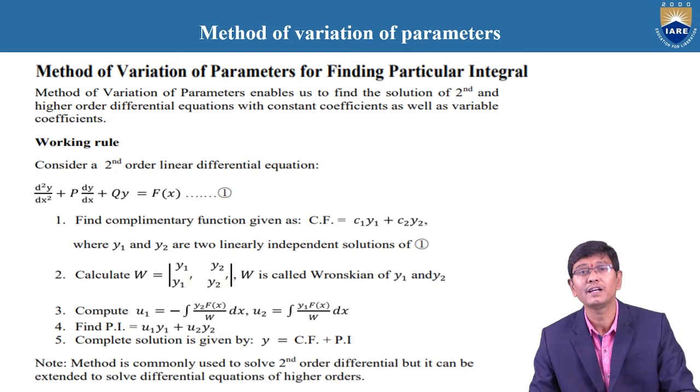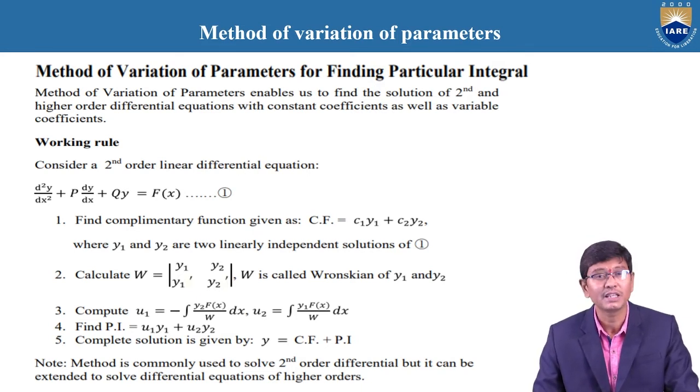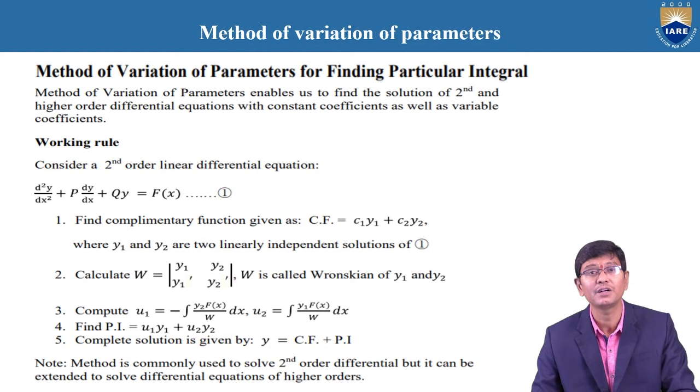After that, we find the particular integral with the help of u1 and u2. Here u1 is the integral of y2 into f of x by W into dx, and u2 is the integral of y1 into f of x by W into dx, where W is the Wronskian value.